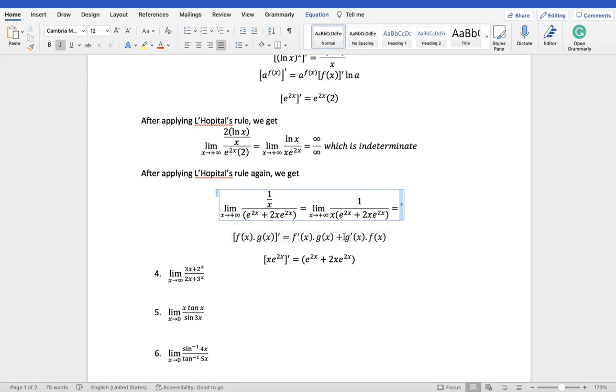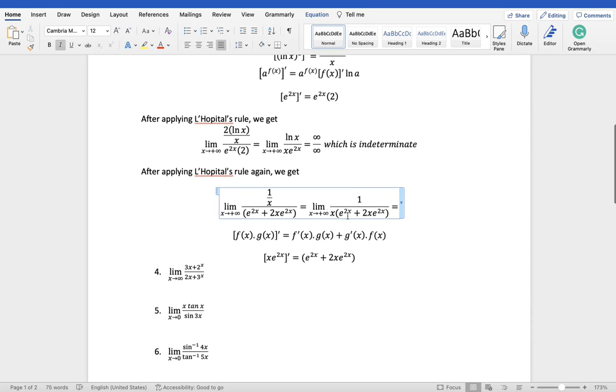And then when you substitute in the value of infinity now, what do you get? I want you guys to attempt it and let me know what you get. Plug in the value of x, which is positive infinity, into this, and tell me what you get.